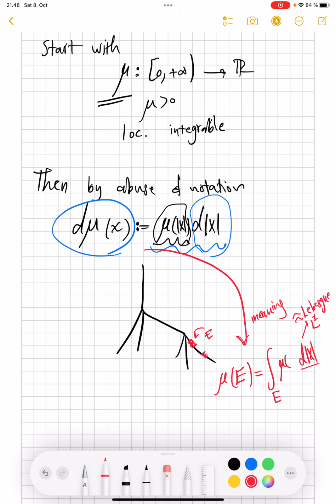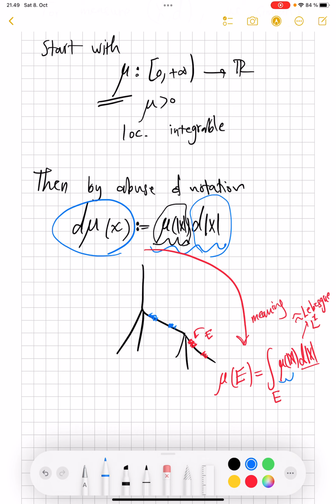You integrate instead the function mu of absolute value of x. And now you can see that if you have a similar copy of E here, exact same copy, in Lebesgue measure they would have the same value.